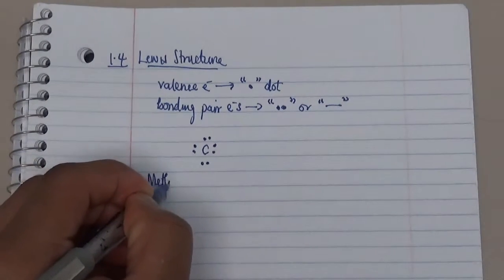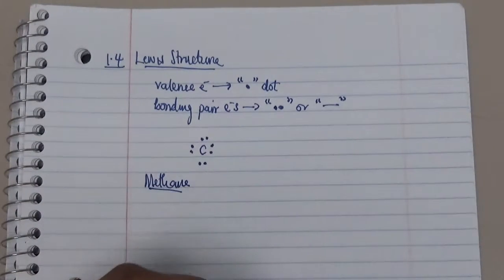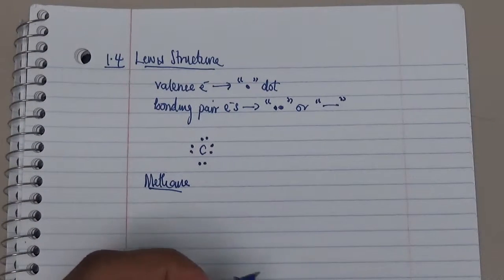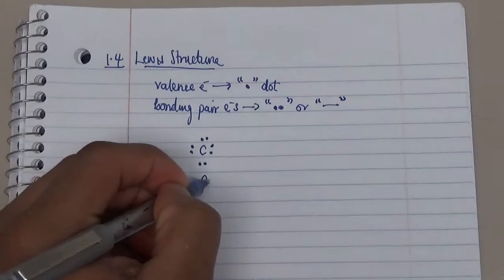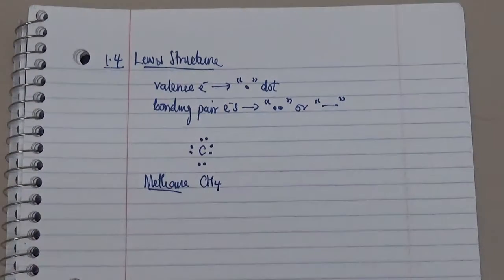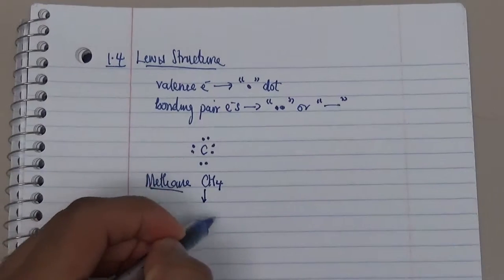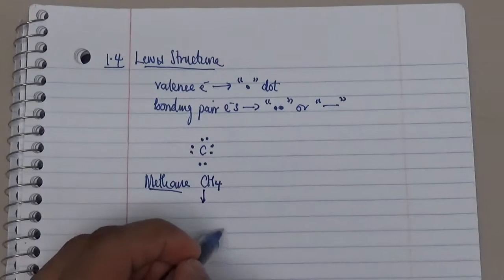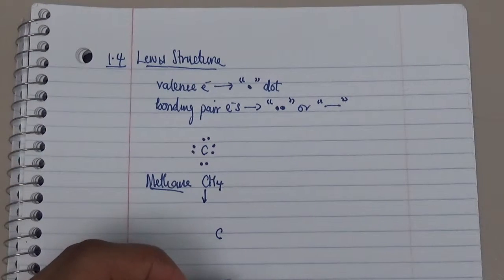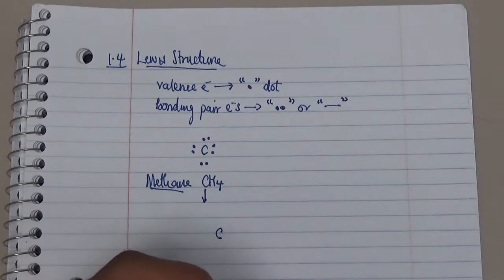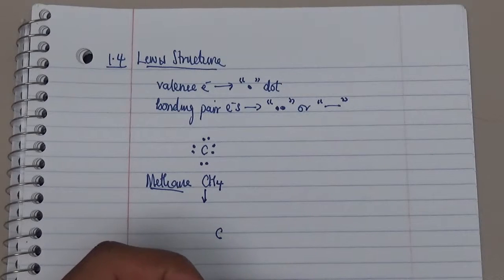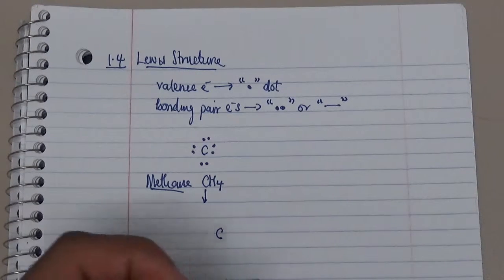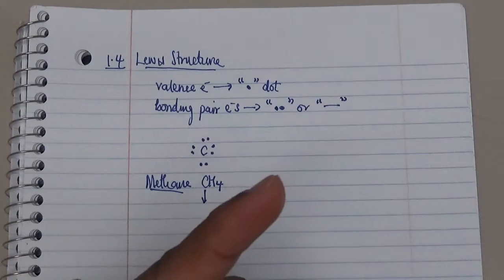We have methane. Methane is an interesting compound, pretty much a gas, and it has a molecular formula of CH4. Now CH4 implies that C here is the most electronegative atom, so it should be at the center. It needs to distribute the electrons in a proper manner for it to have a stable octet. We know that hydrogen has 1 electron.